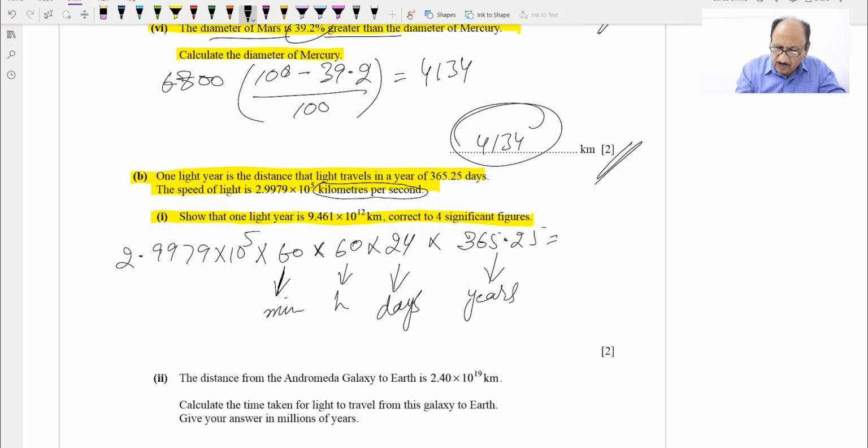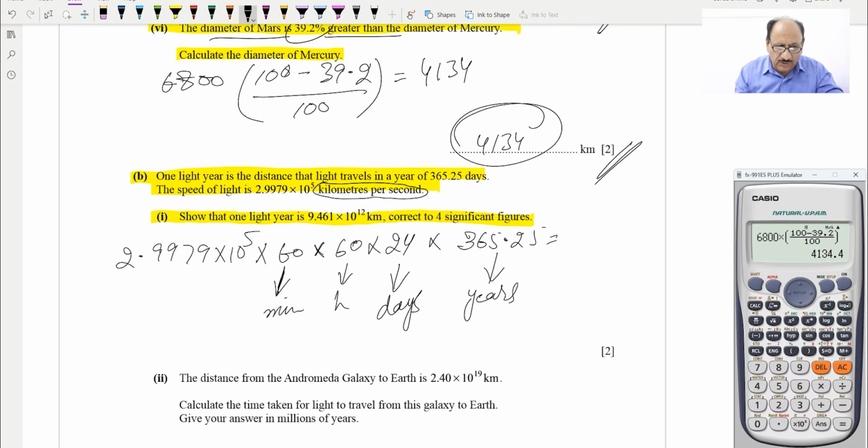So this is what we need to calculate. It will be 2.9979 into 10 raised to the power 5 and multiply by 60, and then again multiply by 60, then multiply by 24, and then multiply by 365.25, and this will give us 9.46 into 10 raised to 12.